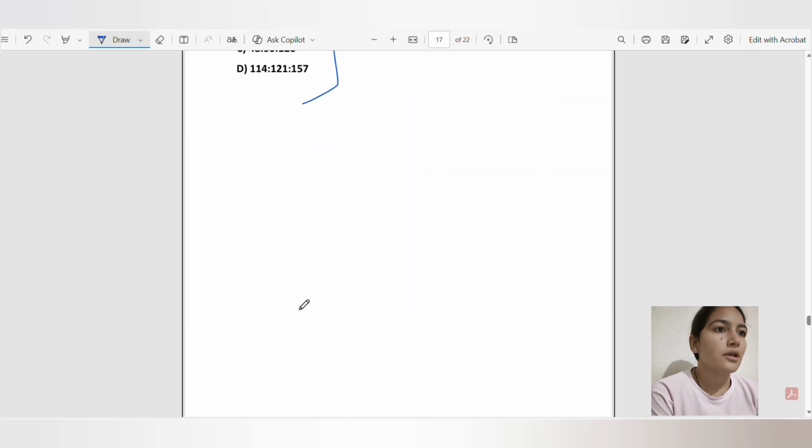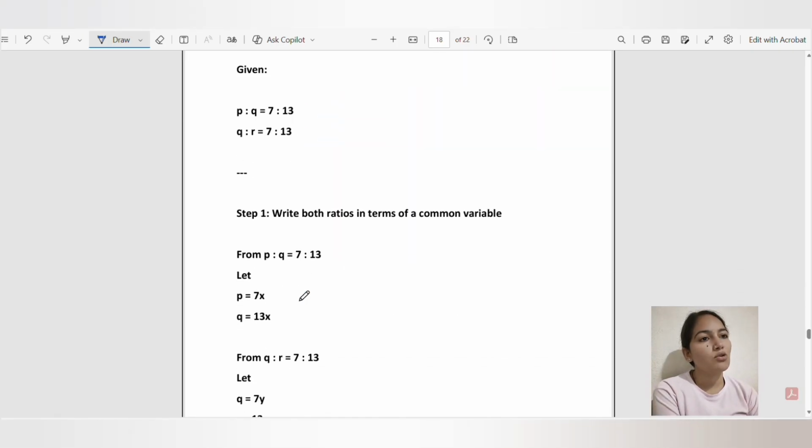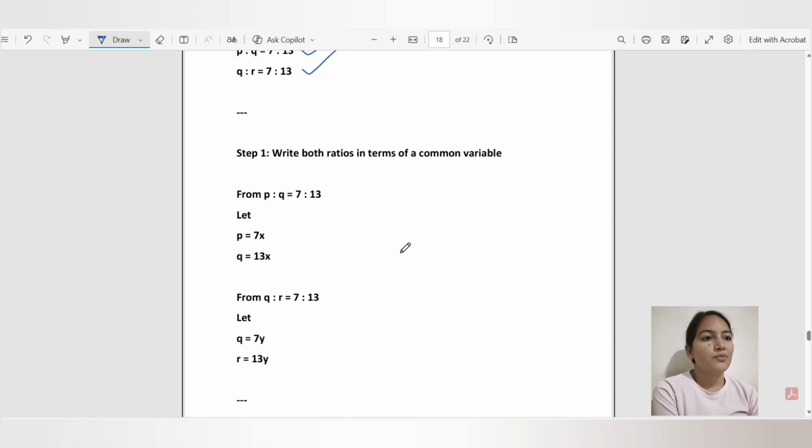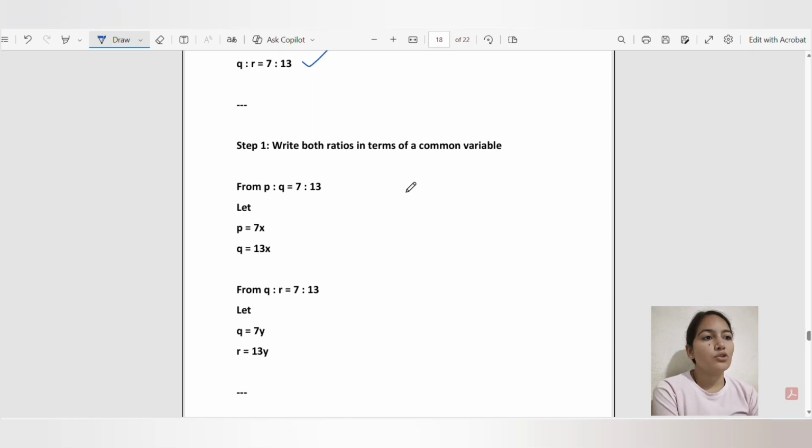What is given? P ratio Q is 7 ratio 13, Q ratio R is 7 ratio 13. So we can write both ratios in common variables. Let's say P is equal to 7x and Q is equal to 13x.